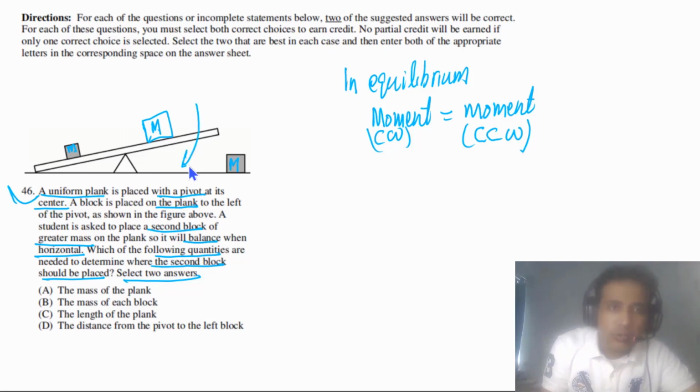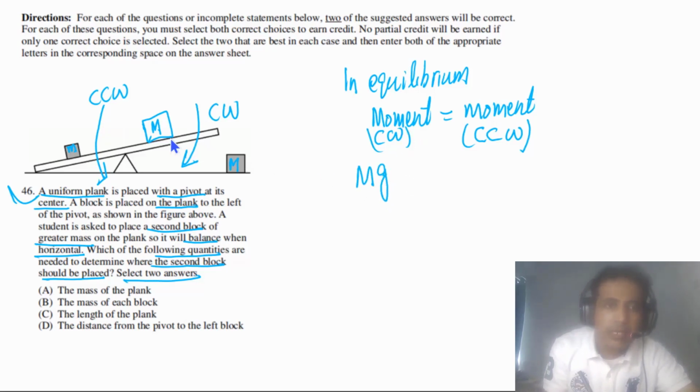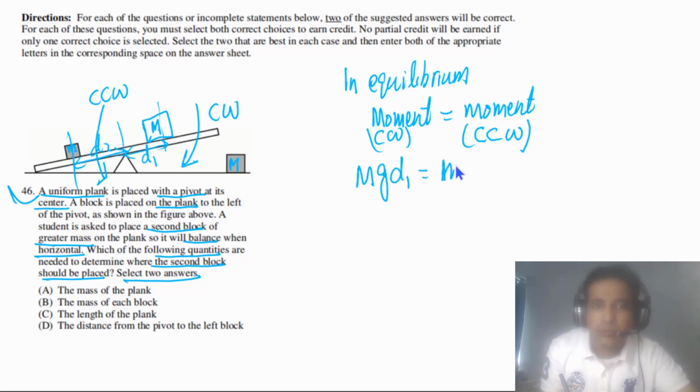Due to this block, the moment will be clockwise, so this will be CW, and due to this one it will be anti-clockwise, CCW, and these two moments have to be equal. Clockwise moment, we have capital M g and the distance from the pivot. So we can say this distance is D1 and this distance from the pivot, let's say, is D2. M g times D1 has to be equal to small m g times D2.